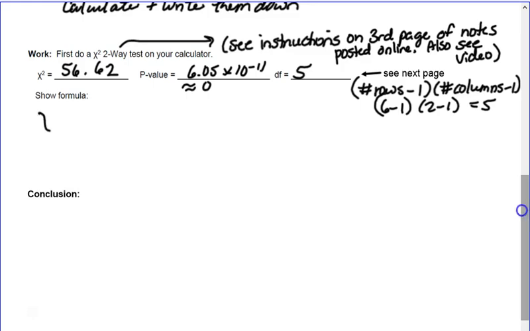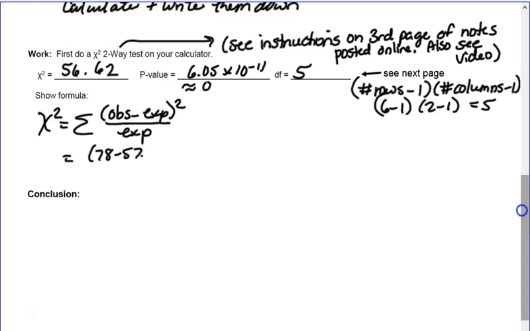I do want you to show a little portion of the formula. Remember that the chi-squared formula is the sum of all the observed minus expected values squared over the expected value. So in this case, if we look up at the table, our first one would be 78 minus 57.1 squared divided by 57.1, plus, and go all the way to the last cell in the second column.